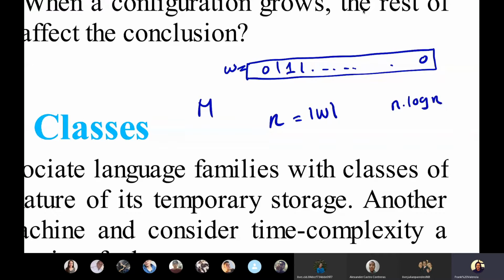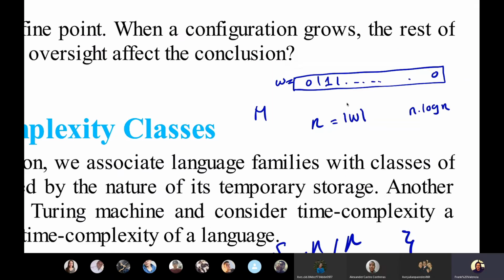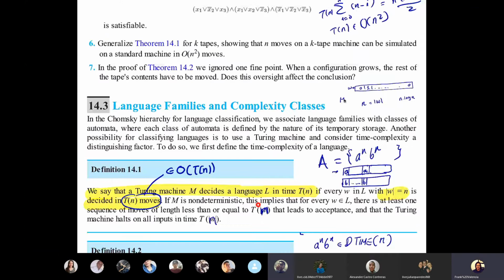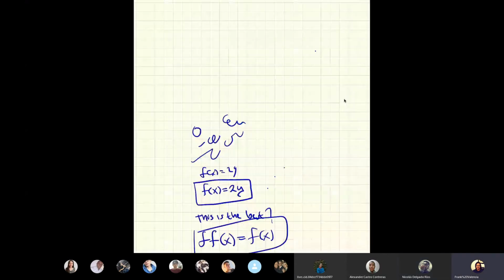That means that for any input of size n, the machine will take n times log n to decide if the string is accepted or not. Do you understand now? Sí, profe. Nicolás, are you okay with this? Yes. Okay, good.